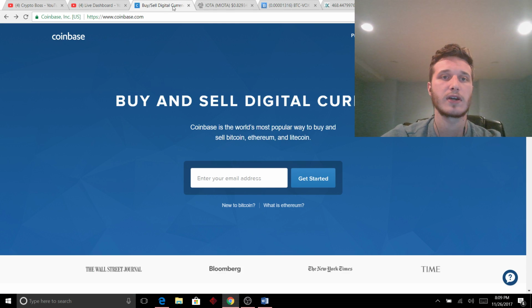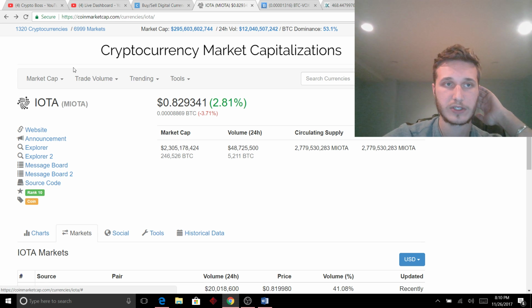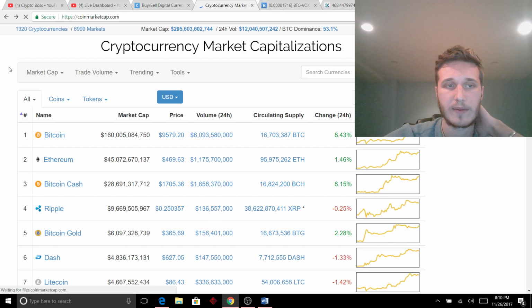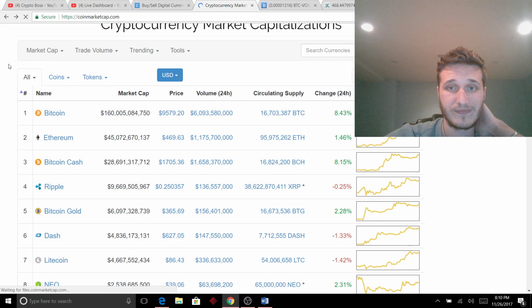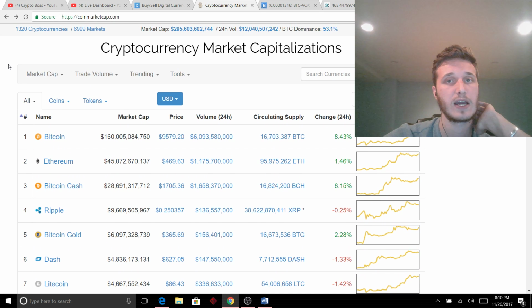So if you have questions about a specific coin, you can always ask me. Remember to use CoinMarketCap to look at all the coins. Oh, here it says there's 1,320 cryptocurrencies, but most of those are pretty much useless. Like anything past the top 300 is either just got released and hasn't gone up yet, or it's just a terrible coin.